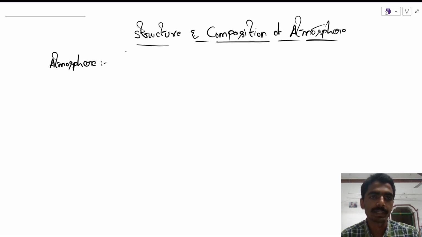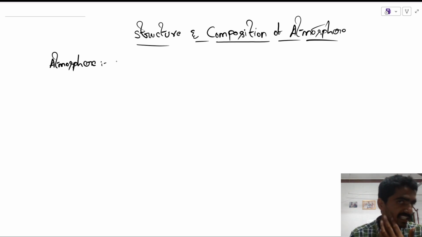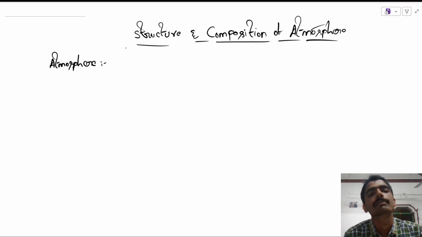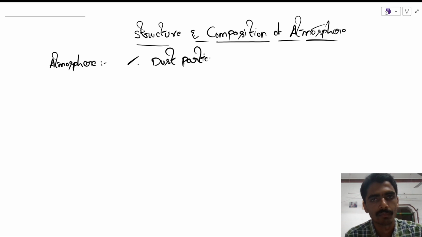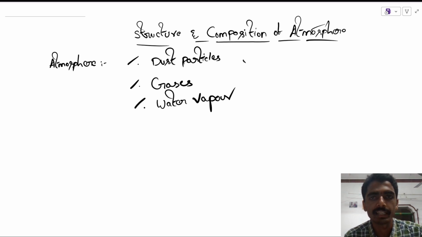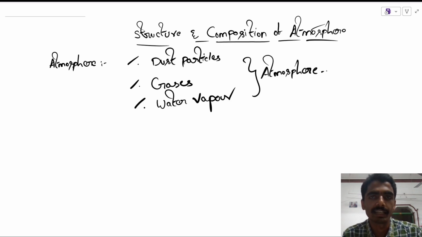The atmosphere consists of many parts, mainly dust particles, gases and water vapor. Generally these three combined are called the atmosphere, which we simply call a blanket.